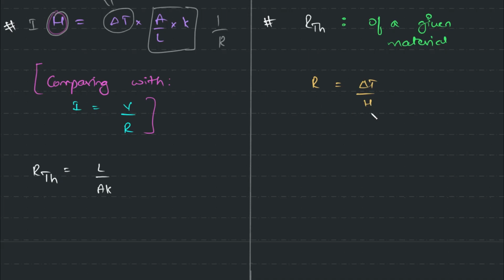So resistance is equal to voltage by I, right? I can make this as 1. So for your current to be 1 unit, right? So 1 watt in this case, your thermal resistance will be equal to your temperature difference. So that's the funda.